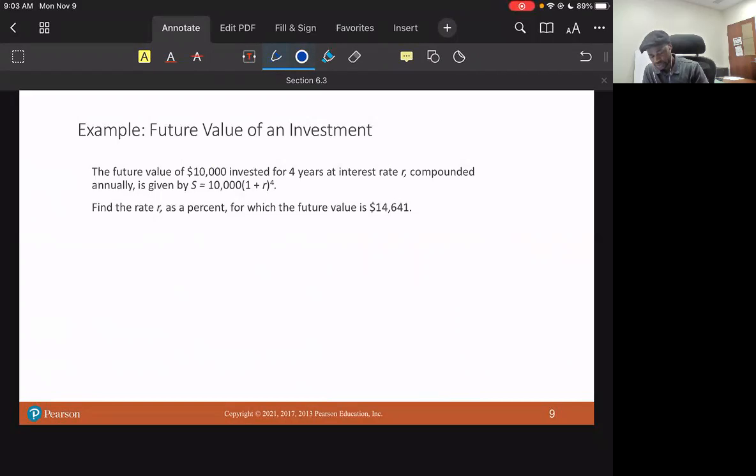Find the rate as a percent. Now remember, as a percent. So we're probably going to end up with a decimal answer, but then we want to convert it. For which the future value is $14,641.